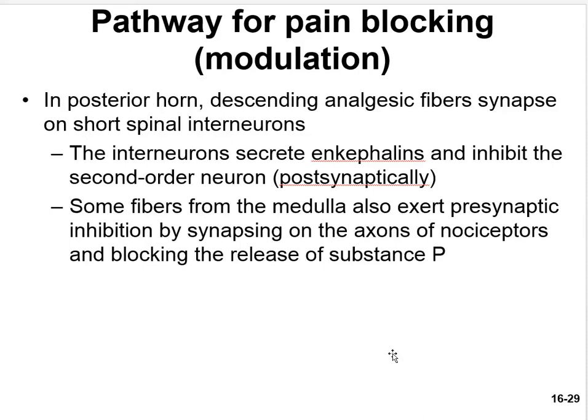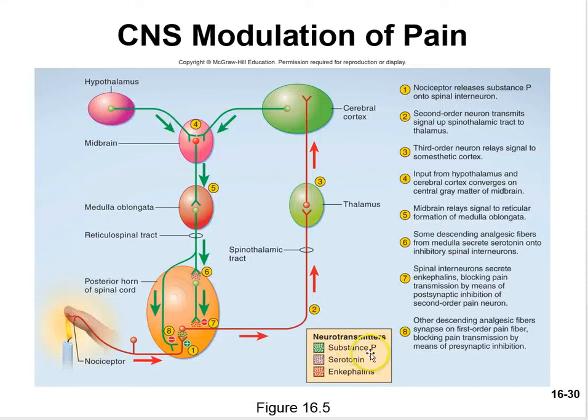And some of the fibers from the medulla also exert presynaptic inhibition by synapsing with axons on nociceptors and blocking the release of substance P itself. And this diagram, steps 1 through 8, goes through that pathway in a little bit more visual form.